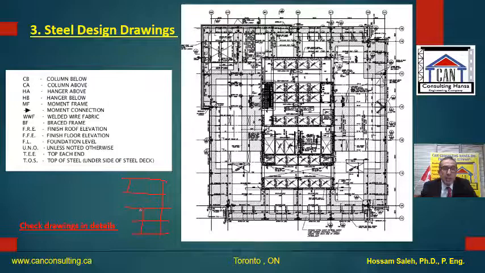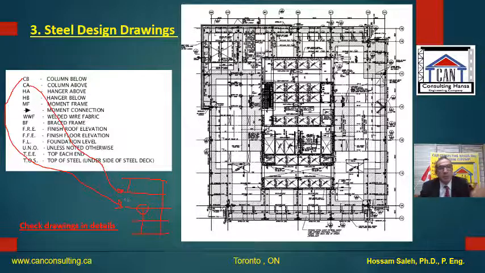Okay, so in this area, when you have the plan here, you can show this column and say that's a column below. The column doesn't go up, the column is here below this level. And when you look at this drawing here, the column starts from here going up, so that means here you have column above, for example, and this means this here will be a transfer.